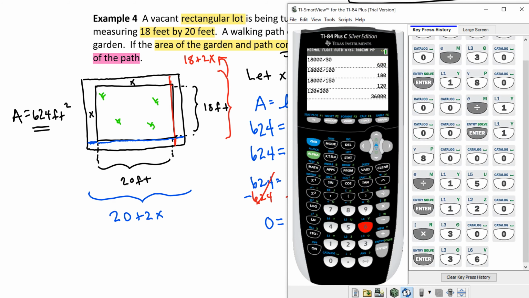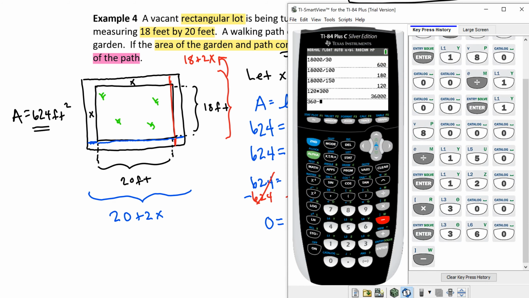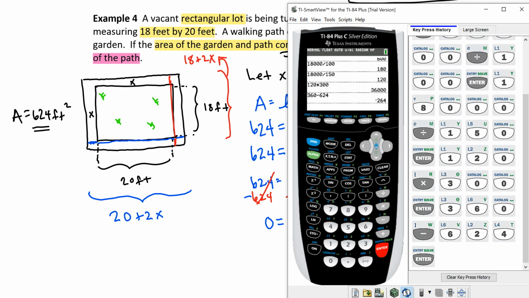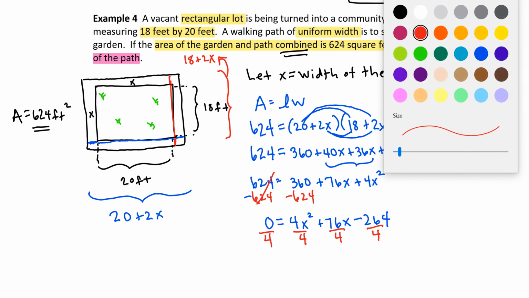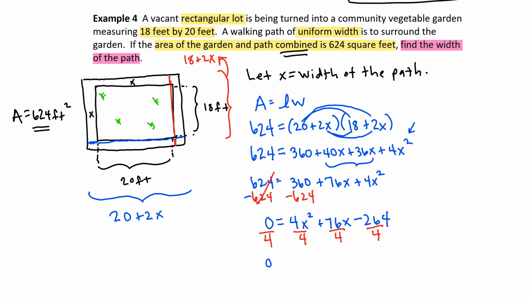We need to evaluate 360 minus 624, and that difference there is negative 264. Like we did before, we can reduce this a little bit. Before we factor or use the quadratic formula, let's divide all 3 of those terms by 4 so that our numbers are smaller and a little bit easier to work with.